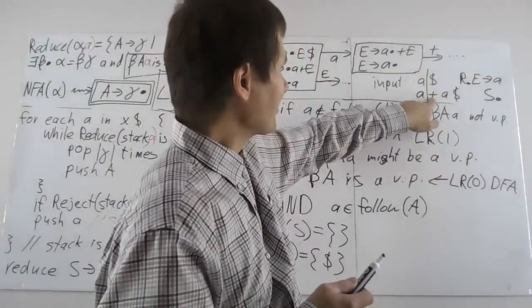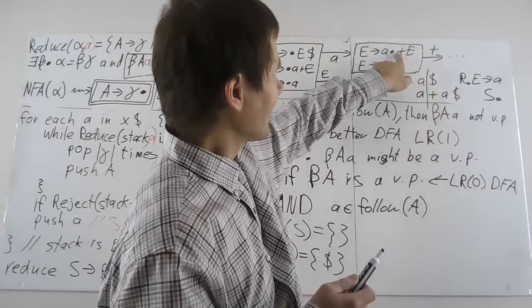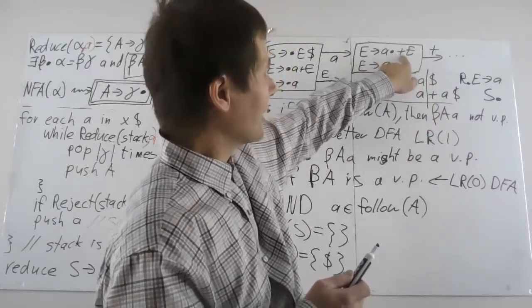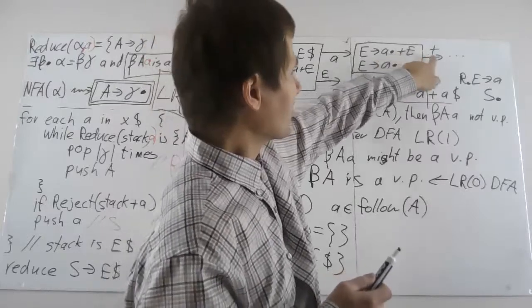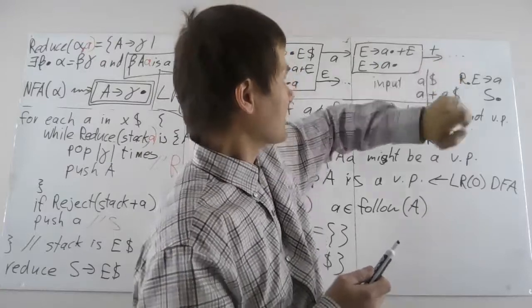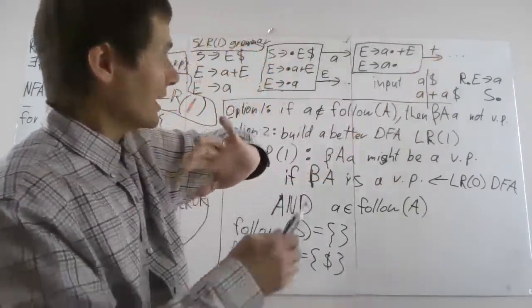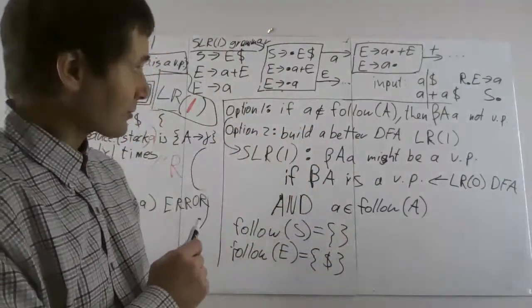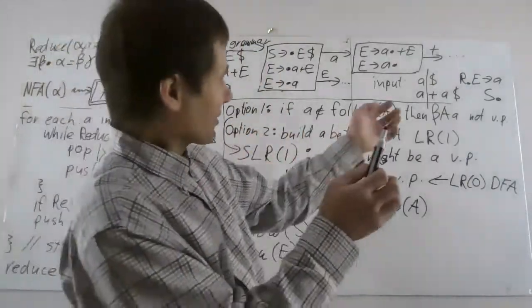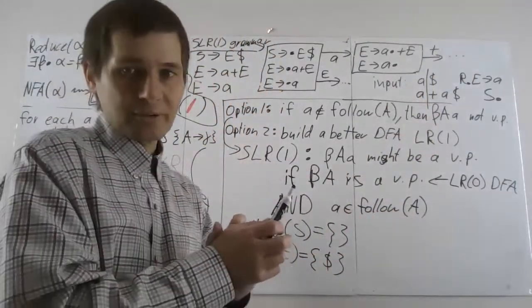And here the symbol that we shift, the symbol after the dot in the state, this symbol that is still going to take us to some state, some accepting state of the DFA or the NFA, is the plus, and that symbol is not in the follow set. So when it's a plus, you shift, and when it's a $ sign, you reduce.